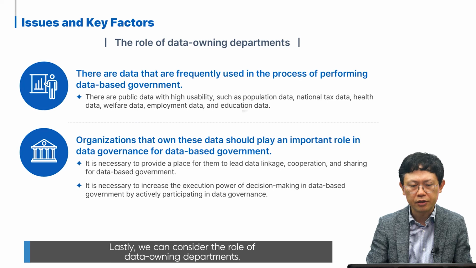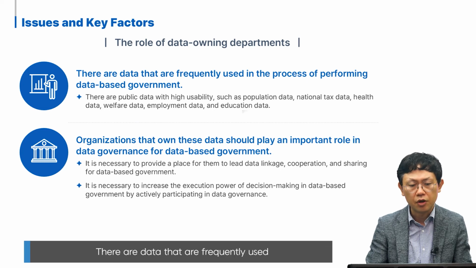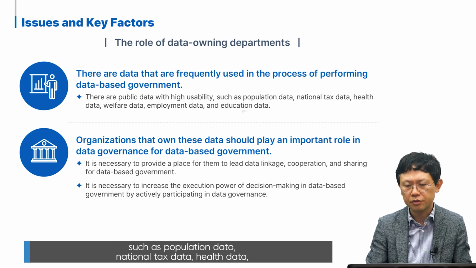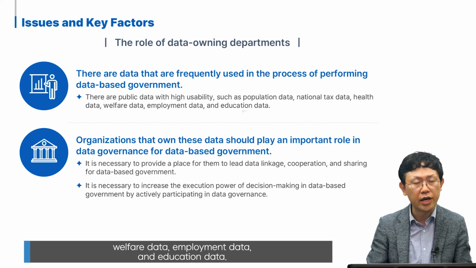Lastly, we can consider the role of data owning departments. There are data that are frequently used in the process of performing data-based government. There are public data with high usability, such as population data, national tax data, health data, welfare, employment, and education data.